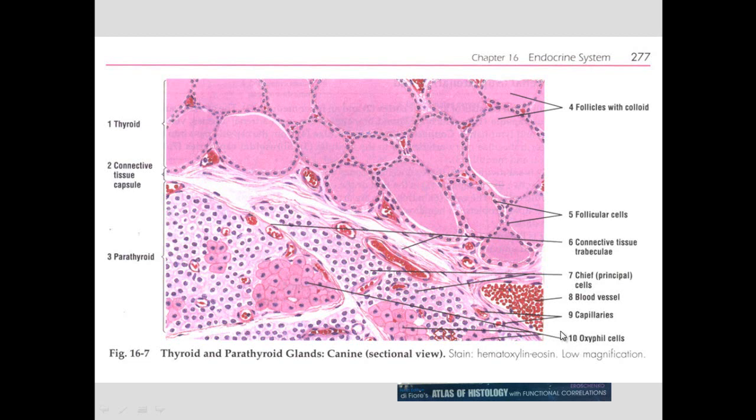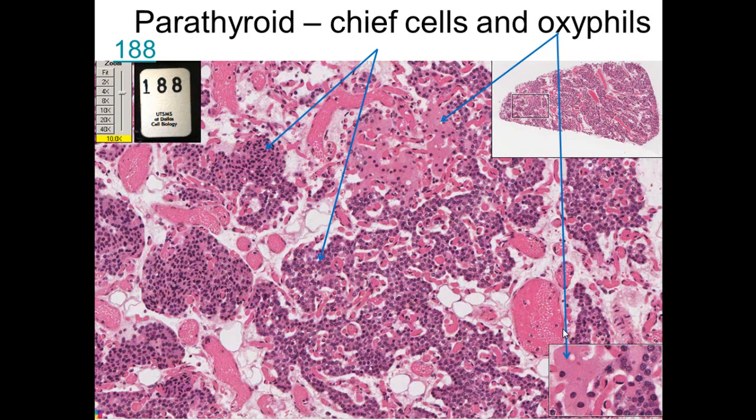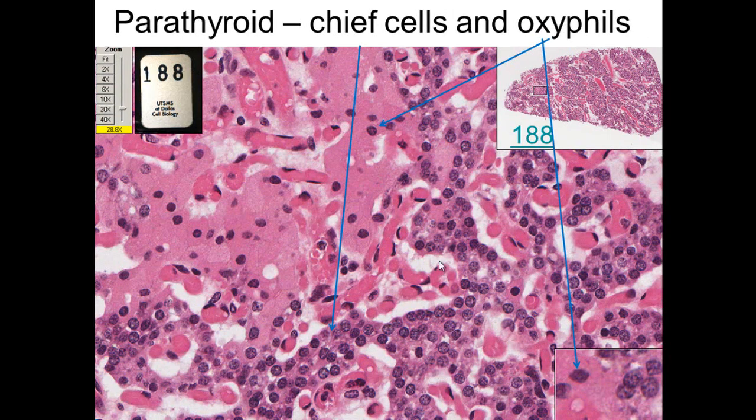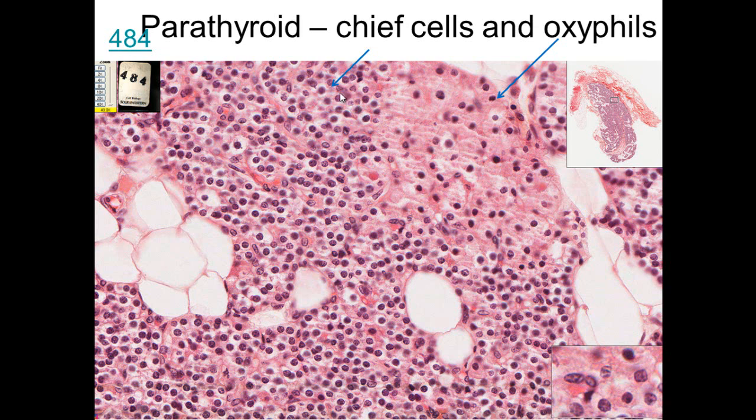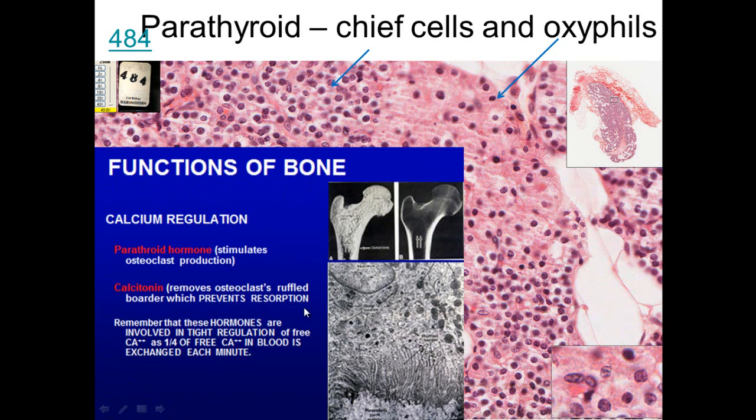The oxyphils, we don't know what they do, but they're interesting. Oxyphils have small, dark nuclei, but the big cells, nuclei far apart, as opposed to the chief cells, which produce the parathyroid hormones. Chief cells, oxyphils, rich vascular supply. You can see the endothelial cells and the red blood cells in there. Another specimen, we see the oxyphils and we see the chief cells of the parathyroid.